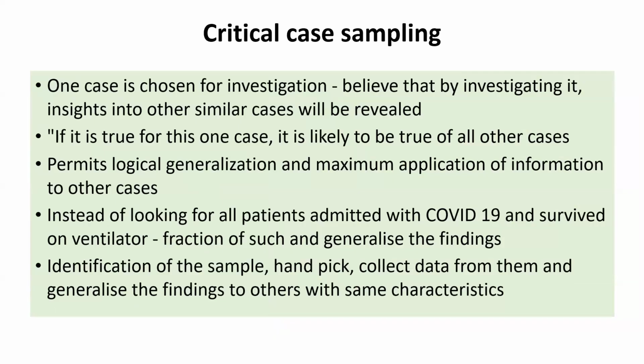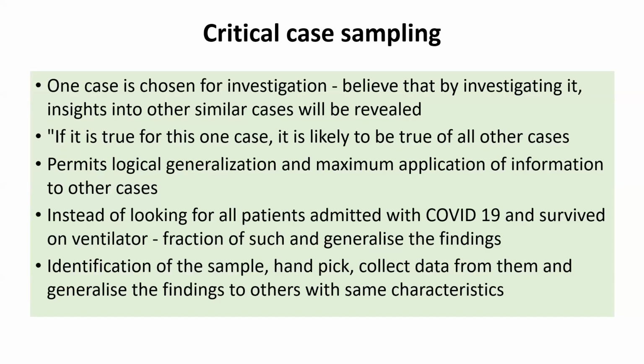So this kind of thought permits logical generalization: you study just one case and you can apply the findings to more such cases. An example given is that instead of looking at all the patients who were admitted with COVID-19 and survived on ventilator, you identify some critical cases and then you will be able to describe who these cases were who were able to survive.